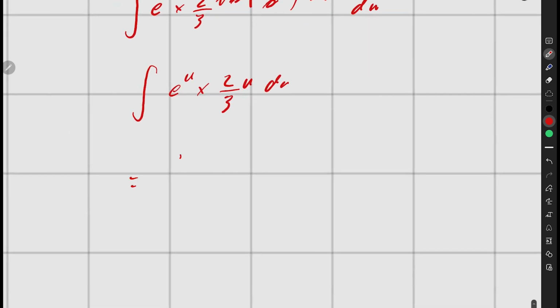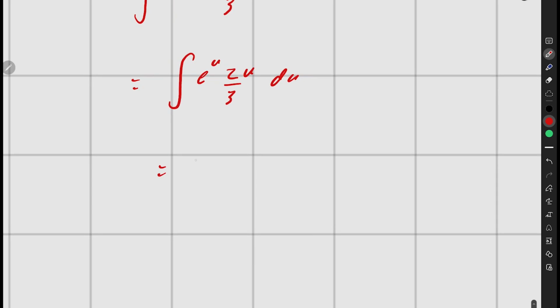Which is going to leave us with the integral of e to the u times 2 divided by 3 u du. That's going to equal 2 on 3 u e to the u.